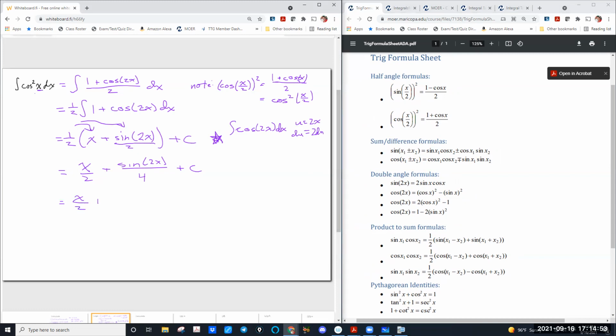So x over 2 plus 2 sine x cosine x over 4 plus c, and we'll do a little bit of canceling because we can. So if you wanted to not have 2x in your final answer, go to your trig formula sheet and convert it back. Not required. This is a correct antiderivative, but absolutely you can if you want to make it look a little bit more like the original. All right.